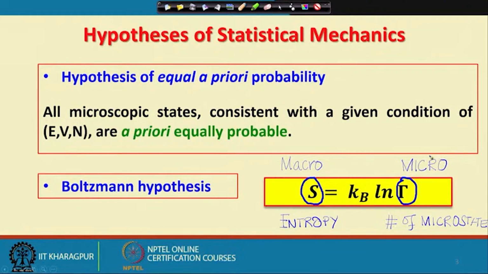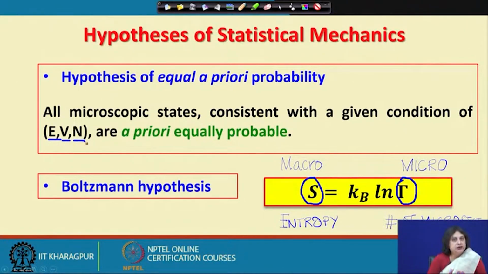We also know that if I specify the values of E, V and N, in other words if I have an isolated system, then at equilibrium the entropy of the system has a fixed value. And now the Boltzmann hypothesis is connecting this thermodynamic property to the number of possible microscopic states associated with this given condition.